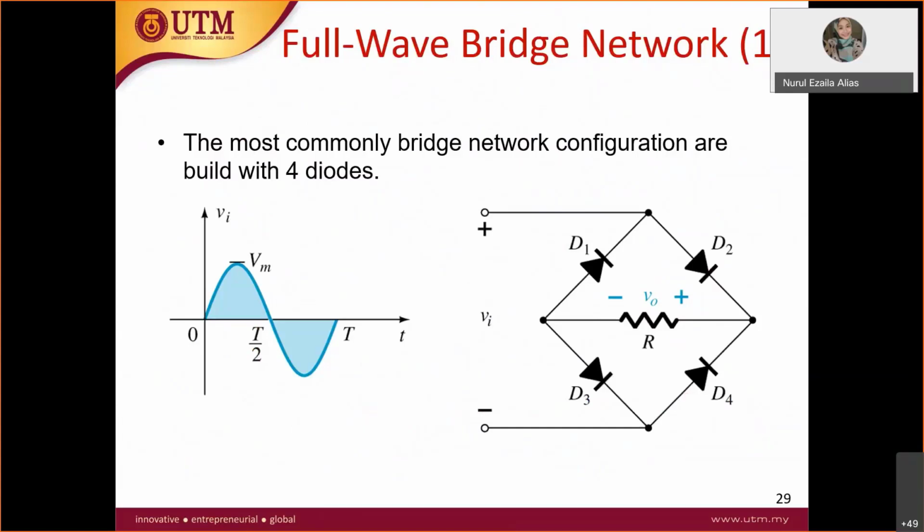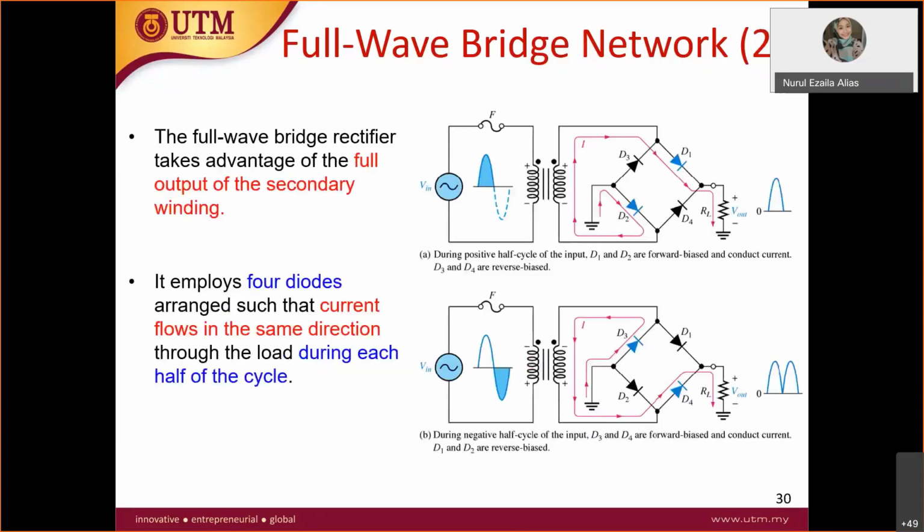The circuit is this one, and this is what we call ground. This is the real circuit. So you have your transformer, and then you have your rectifier here, and then you have your output. Let's take a look one by one.